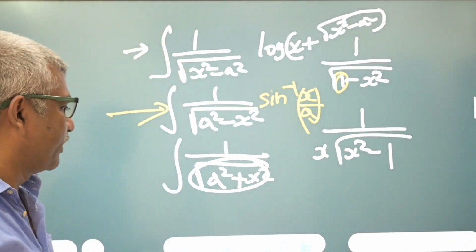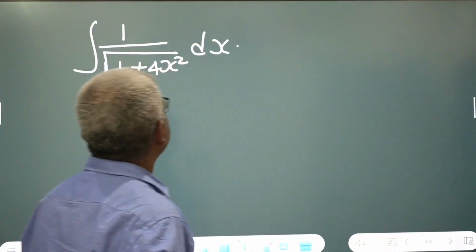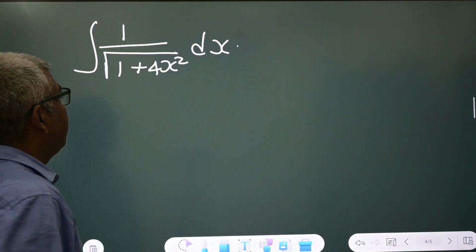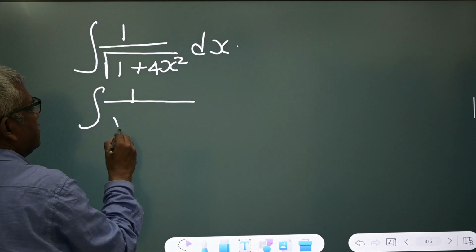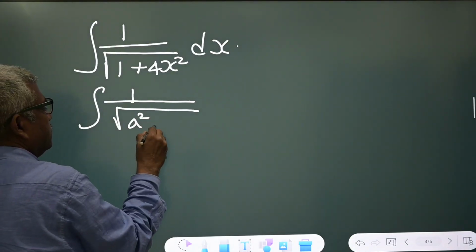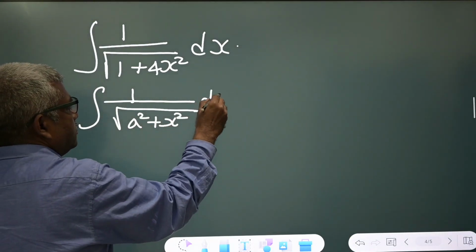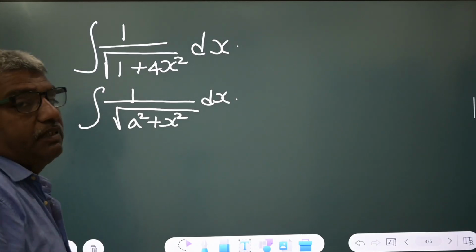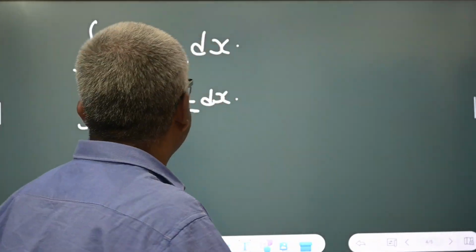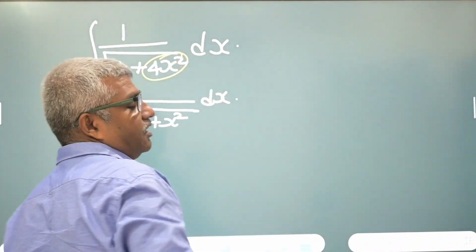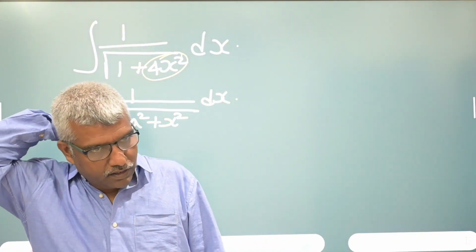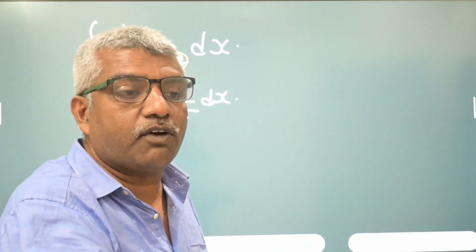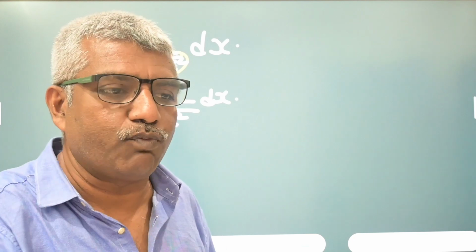Now let us go to this question. But the problem is it is 4x squared. The square will become only for x, not for 4.